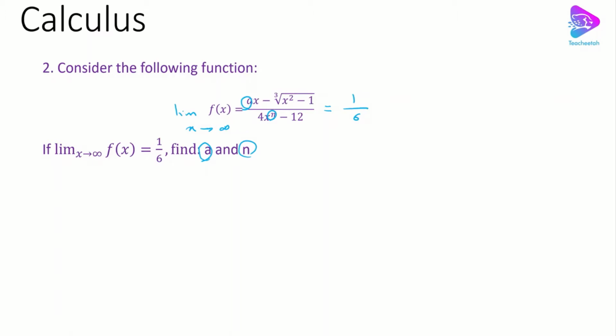And there is only one case in which we have the answer in the form of a number, like in here 1 over 6, and that case is when the highest order of the top function, or the numerator, is the same as the highest order of the denominator.